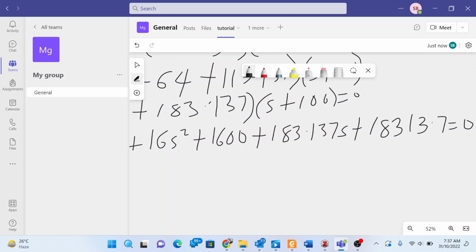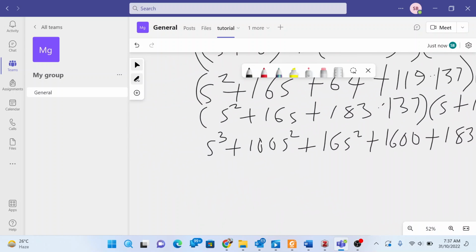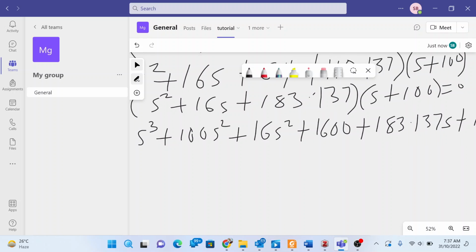At this point, we'll add together the terms of the same degree. So 100 plus 16 gives us 116S squared.